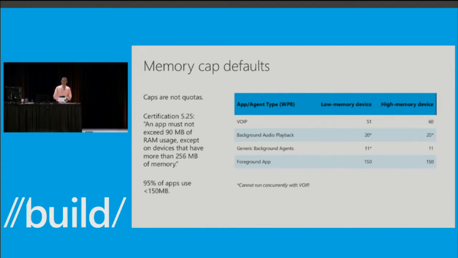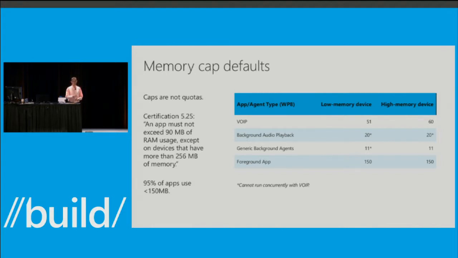Although theoretically it's possible for a 1 gig device to be treated as a 512 meg device if that device happens to come with some overhead in its hardware support. So if it's got additional memory carve-out in order to support an extremely high-resolution camera, for example, then it might drop the memory that's actually available to the system after the carve-out.